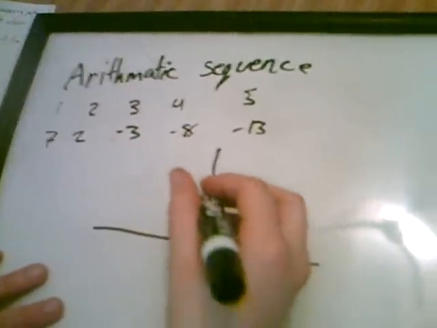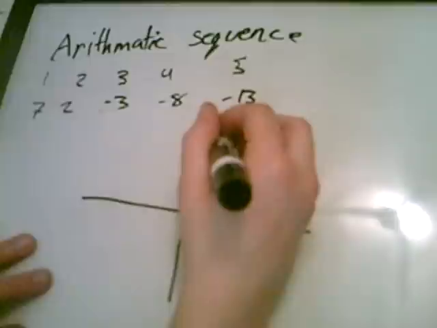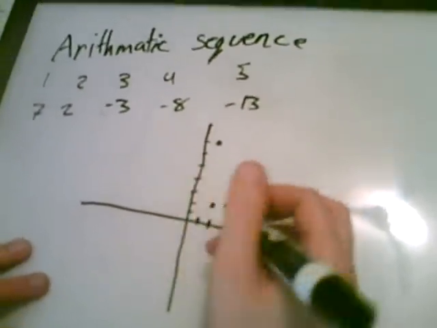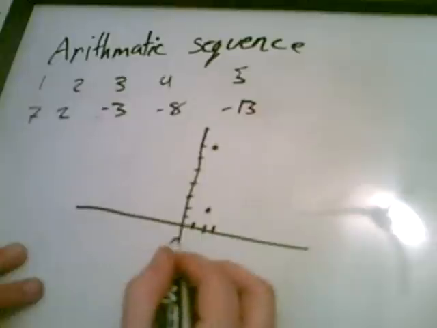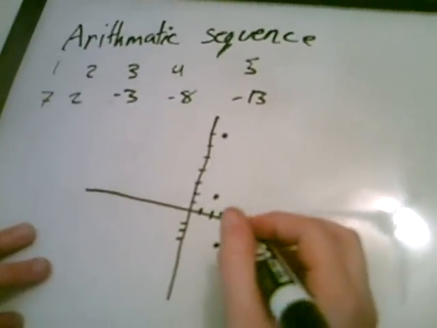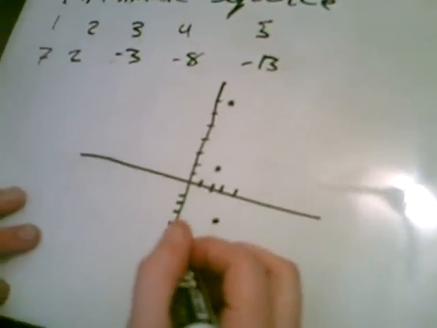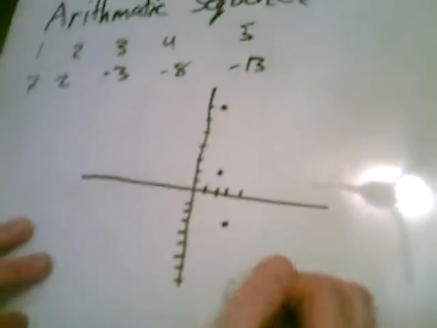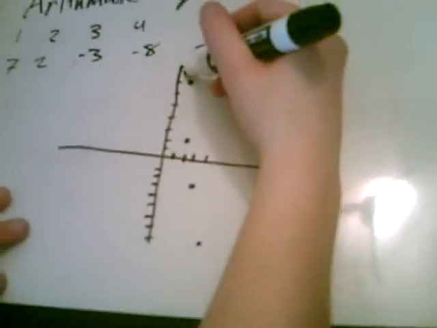So 1, 7. It's going to be a very rough graph, but should be okay. Like that. It's just a very rough sketch of it.